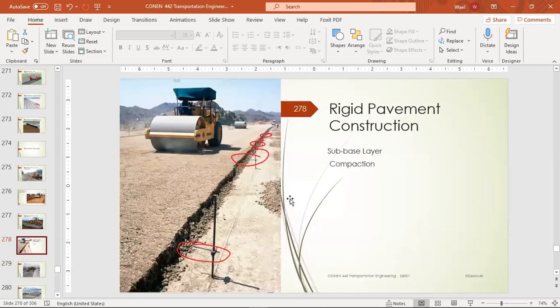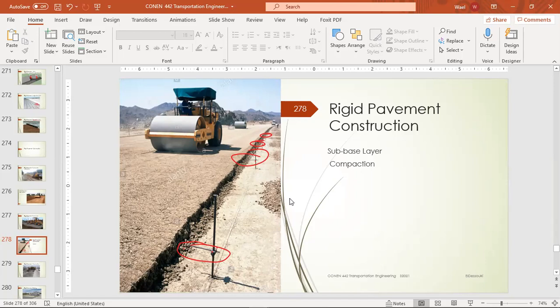And as you can see here, these markers we use to lay out the heights and the elevations, and this is going to be a guide for the compaction process, and to make sure that the vertical profile is constructed correctly.